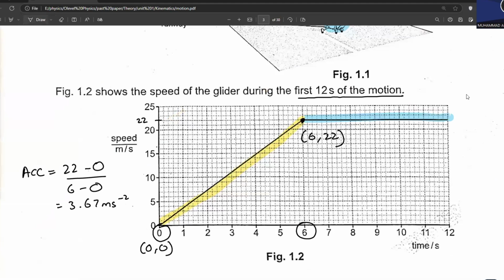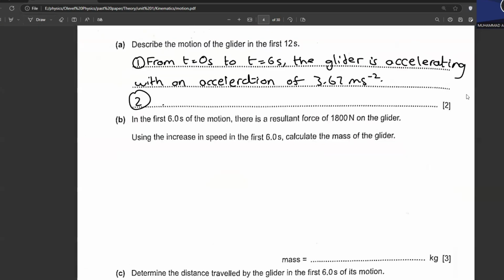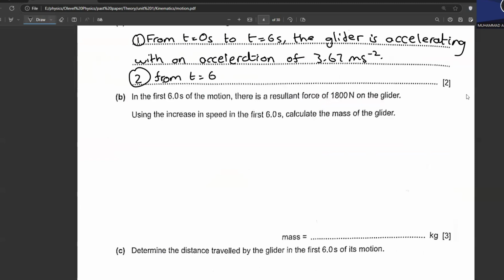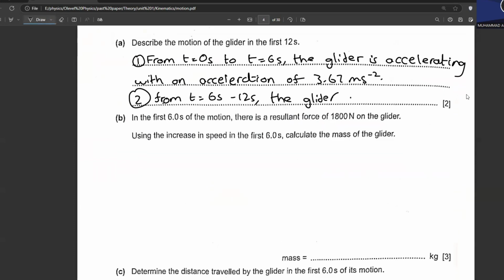You will say from time t = 6 seconds till time t = 12 seconds, the glider is traveling at a constant speed of 22 m/s.